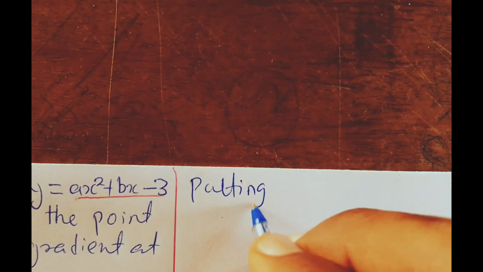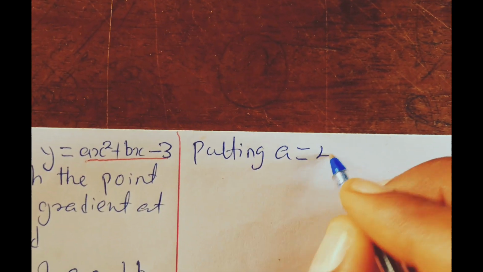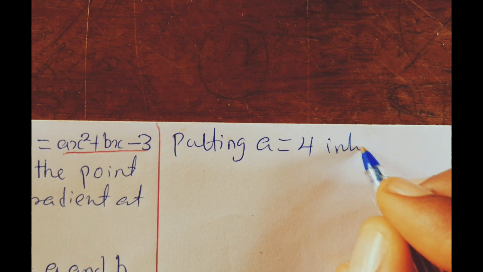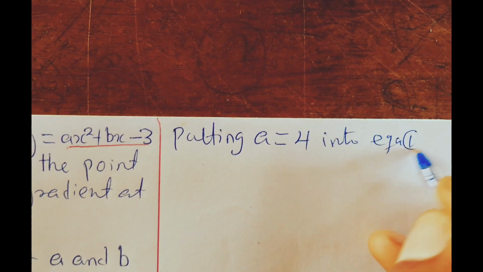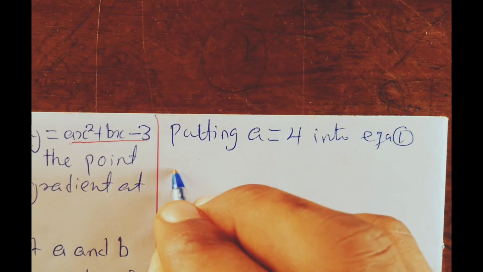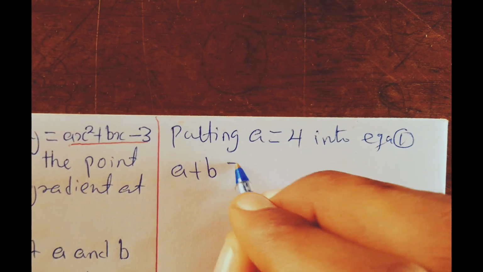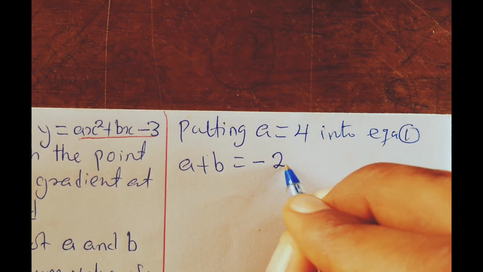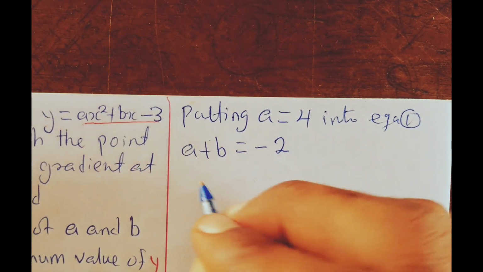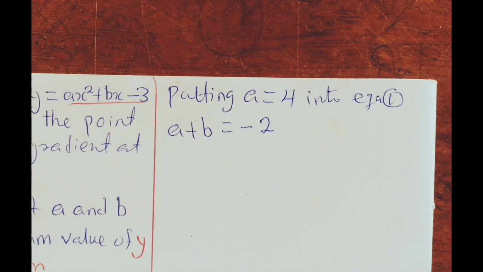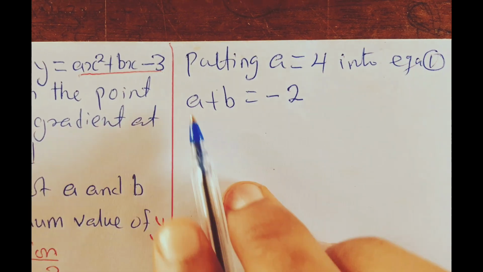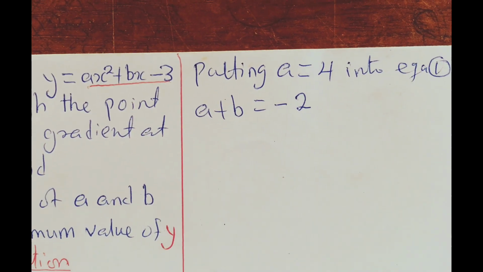Now let's look at b. Now putting a is equal to 4 into equation 1. And equation 1 is a plus b is equal to negative 2. And a is 4, so it becomes a plus b is equal to negative 2. But we say a is 4.